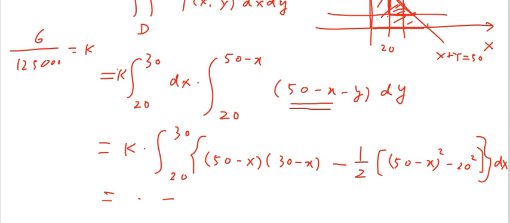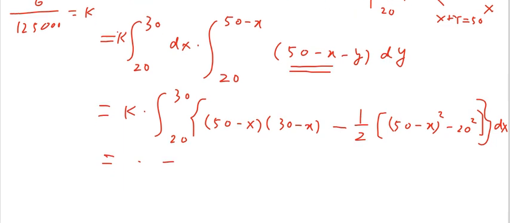Usually we can try to simplify. Maybe we can regard 20 as 0. Since x is from 20 to 30, we just say x minus 20 as t.